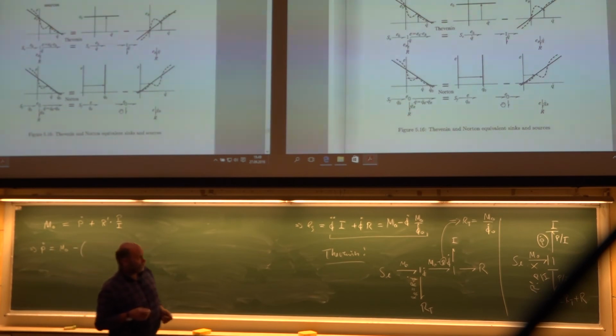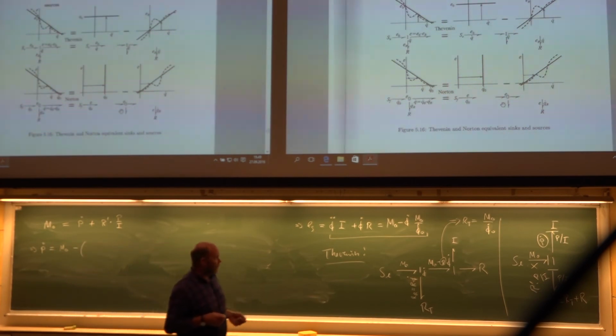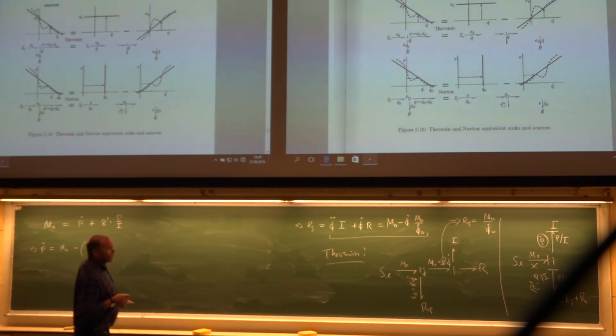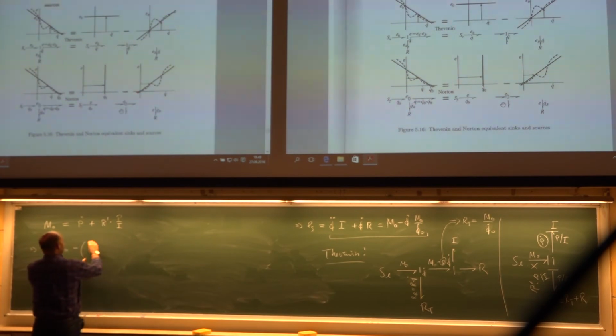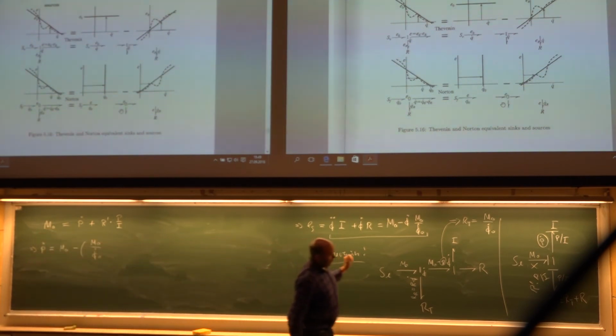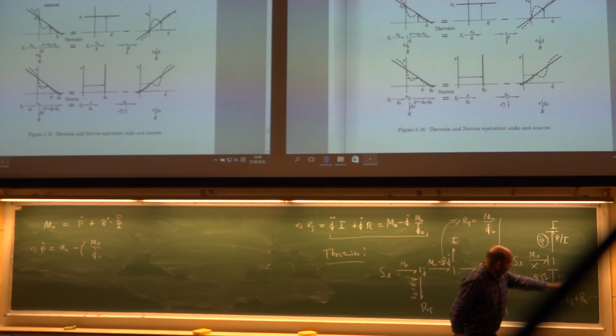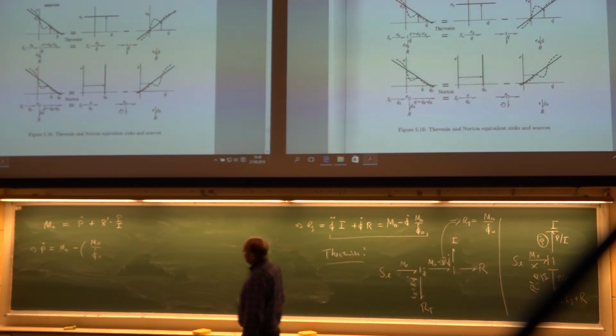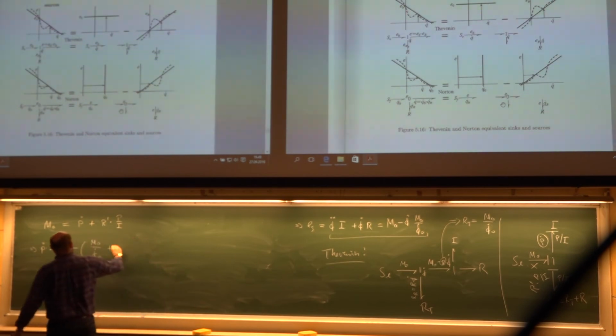He was this Thevenin resistance, which we defined as M0 over phi dot 0. That was him, which was given here, plus R, and this one multiplied then with P over I.